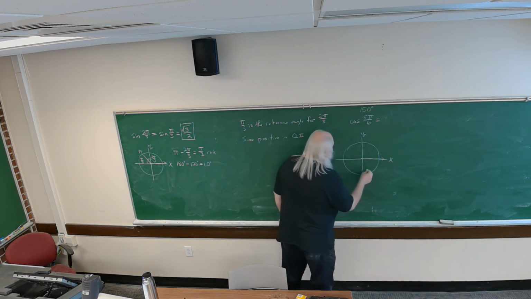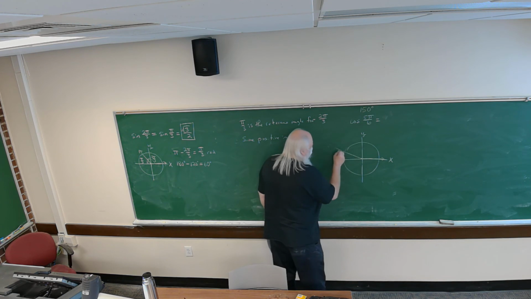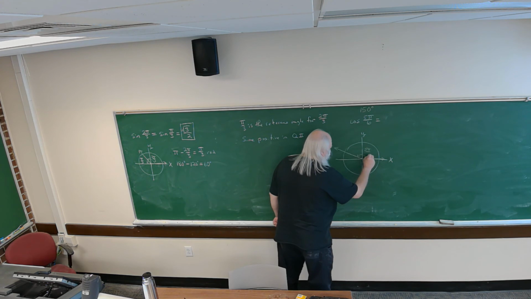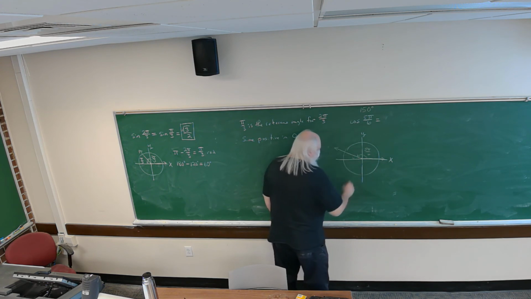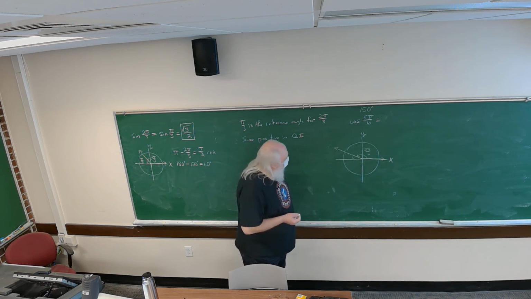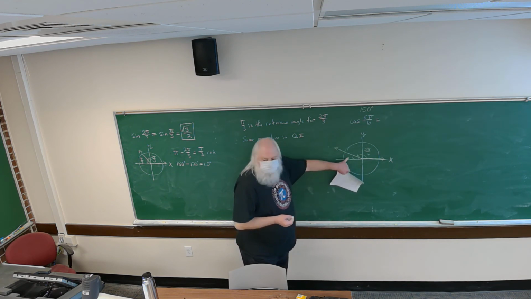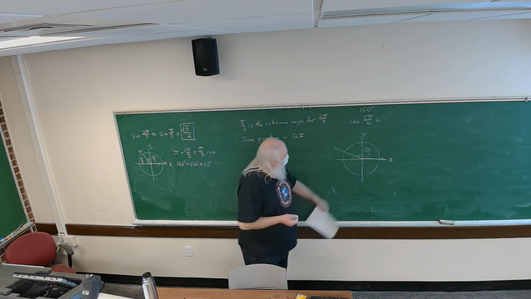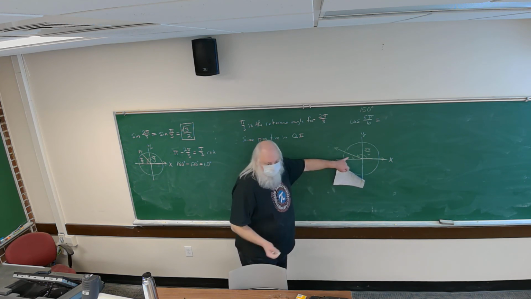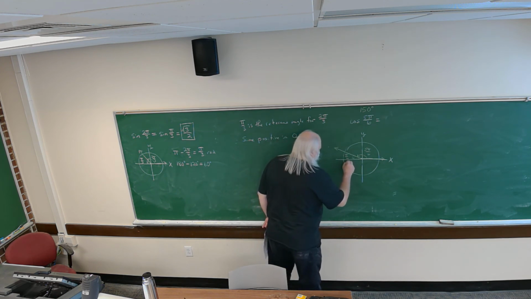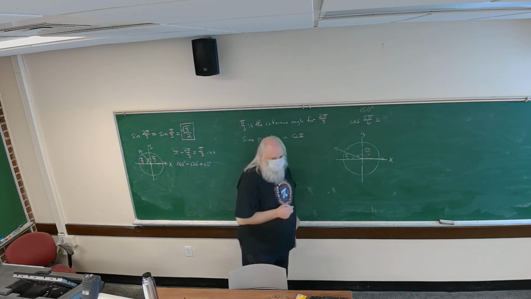And so the angle 5 pi over 6 looks something like this. And so here's the acute angle between the terminal side and the negative x-axis. How many degrees is that acute angle? 30, right? 150 plus 30 makes 180. And in terms of radians, it would be pi over 6. So that acute angle is pi over 6 radians, or 30 degrees.